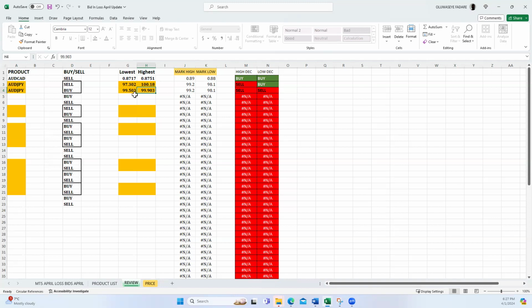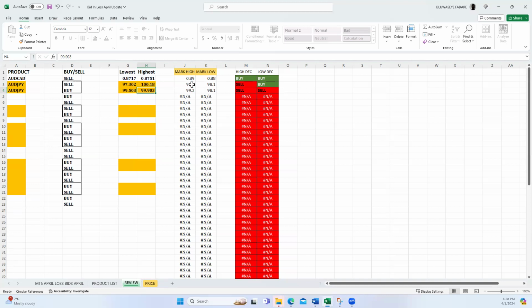But if the market should go upwards above 99.2 and above 99.9, then it's likely that this may change from a sell to a buy. So let's try and see, for example, when it's going to change from a sell to a buy.